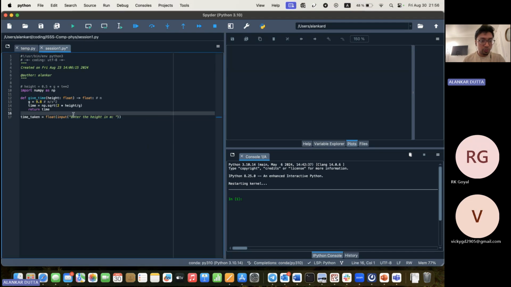So this function is taking height from the user, converting it to float. Let's call this height from user. So this is how I get the height from the user.